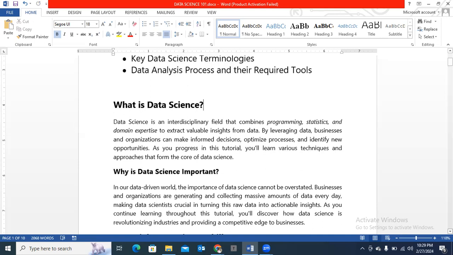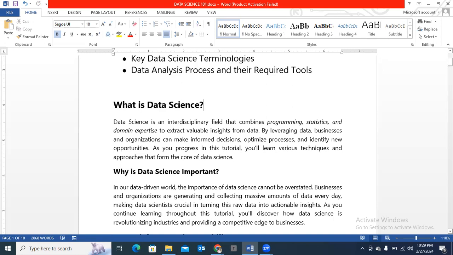If you're a medical practitioner, you can be a data scientist. Whatever you are practicing, an engineer, you can be a data scientist. So data science is an interdisciplinary field that combines programming, statistics, and domain expertise to extract valuable insights from data. What is done in data science is that you extract valuable insights from data.